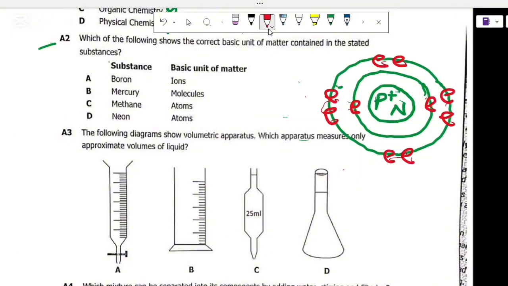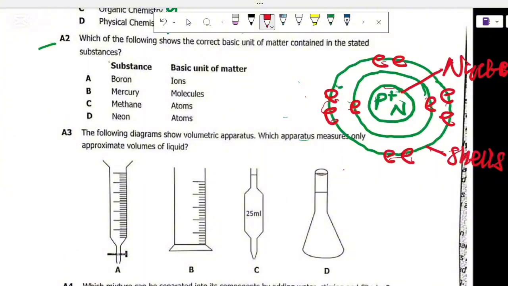The next thing that you need to think of, protons and neutrons are inside the nucleus of an atom. So this is the nucleus, and then these are the shells.